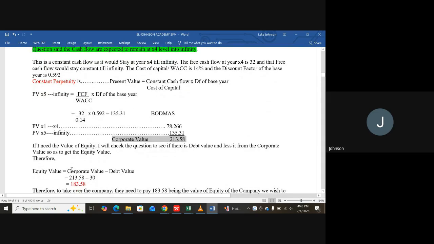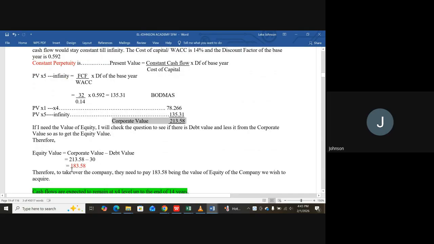Now they went further. Let's say I need the value of equity, we've gotten our corporate value now. Getting free cash flows is different from getting the value of the company. You can just get free cash flows to equity, or free cash flows to the company.